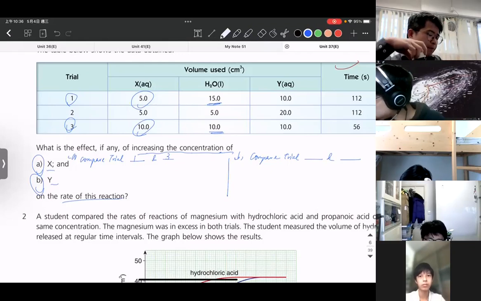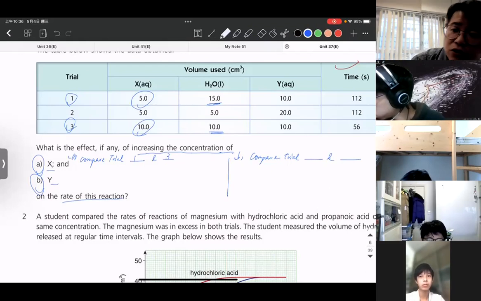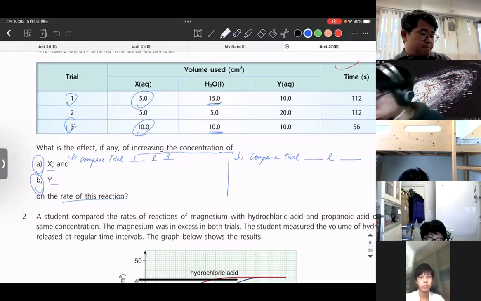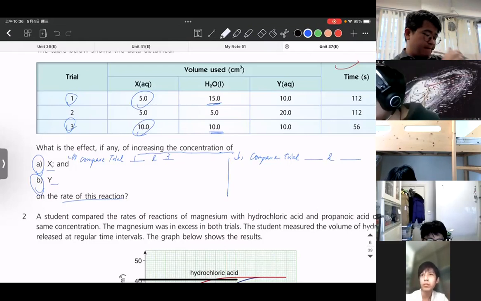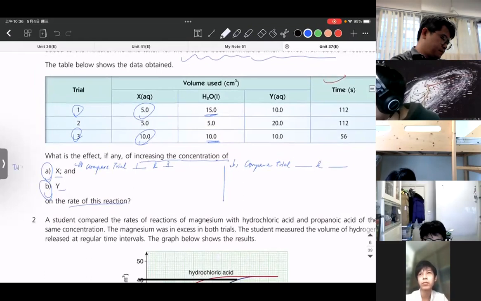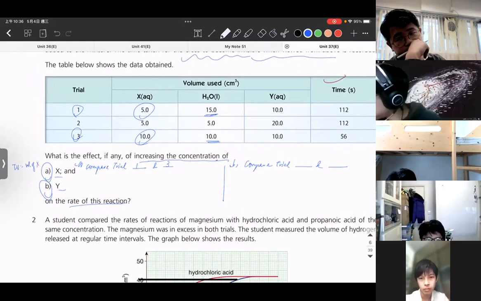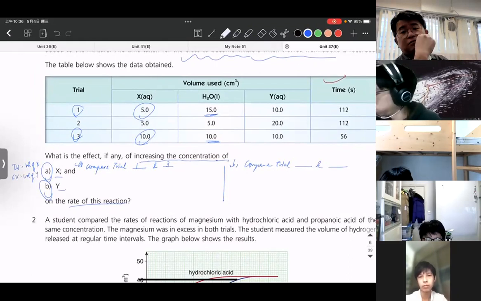Now go back to trial 1 and 3. Can you tell me the independent variable, dependent variable, and control variable in this? The independent variable is the volume of X. The controlled variable is the volume of Y. How about volume of water?